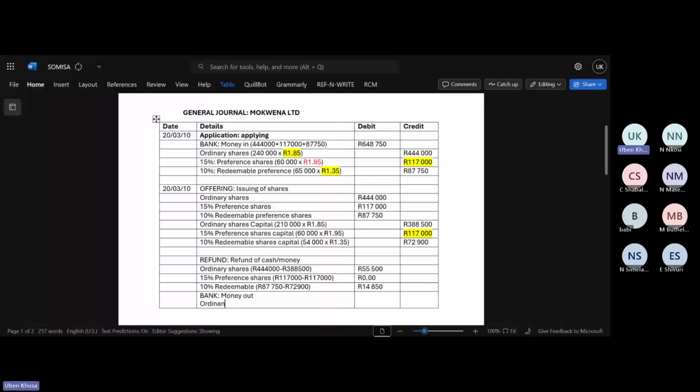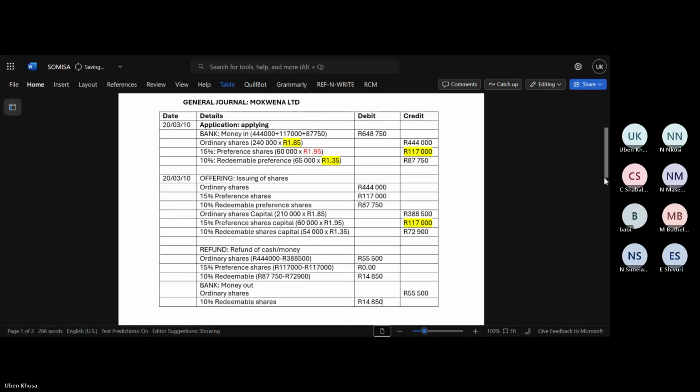Then for preference shares, there is no refund because we issued accordingly. For the 10% redeemable shares, we must refund how much from our bank? 14,850. Then I'm done with steps 1, 2, 3. Nothing is confusing.